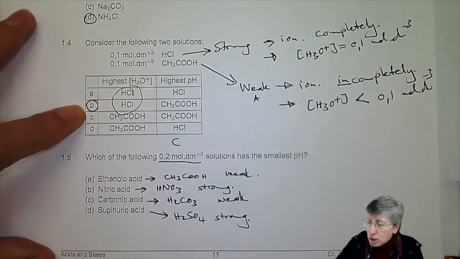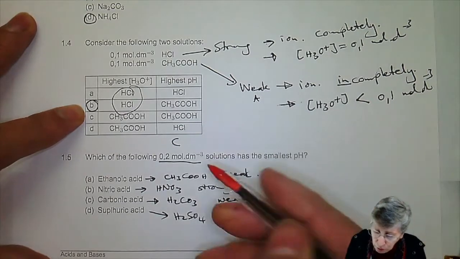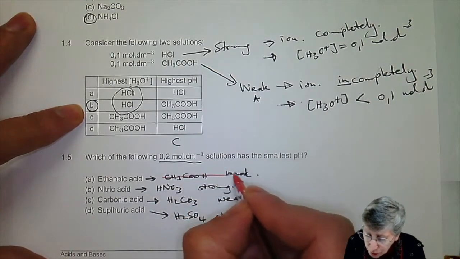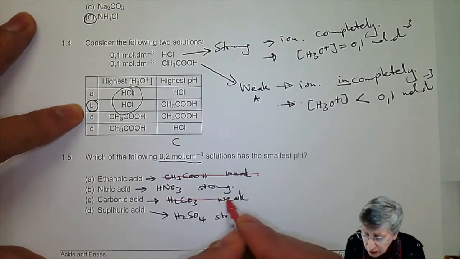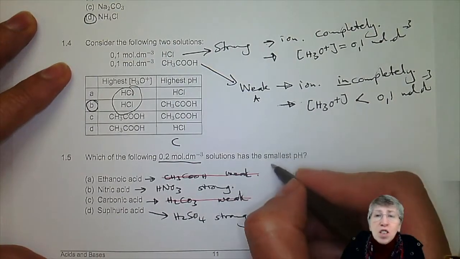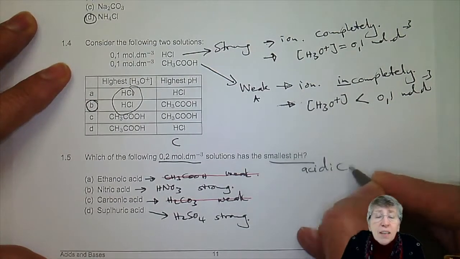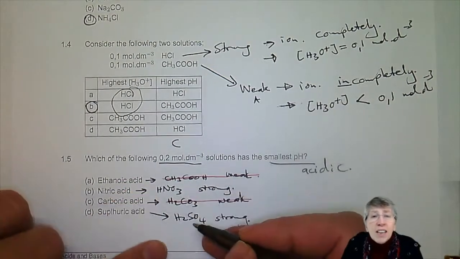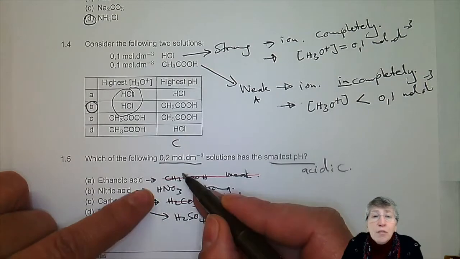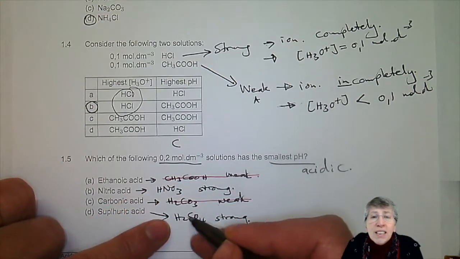So the weak ones we are immediately going to throw away, because the weak ones are only going to produce a few hydronium ions, right? So they will not give me the smallest pH, the most acidic solution. Then I'm looking at nitric acid and sulfuric acid. What is the difference? Well, nitric acid is monoprotic and sulfuric acid is diprotic.